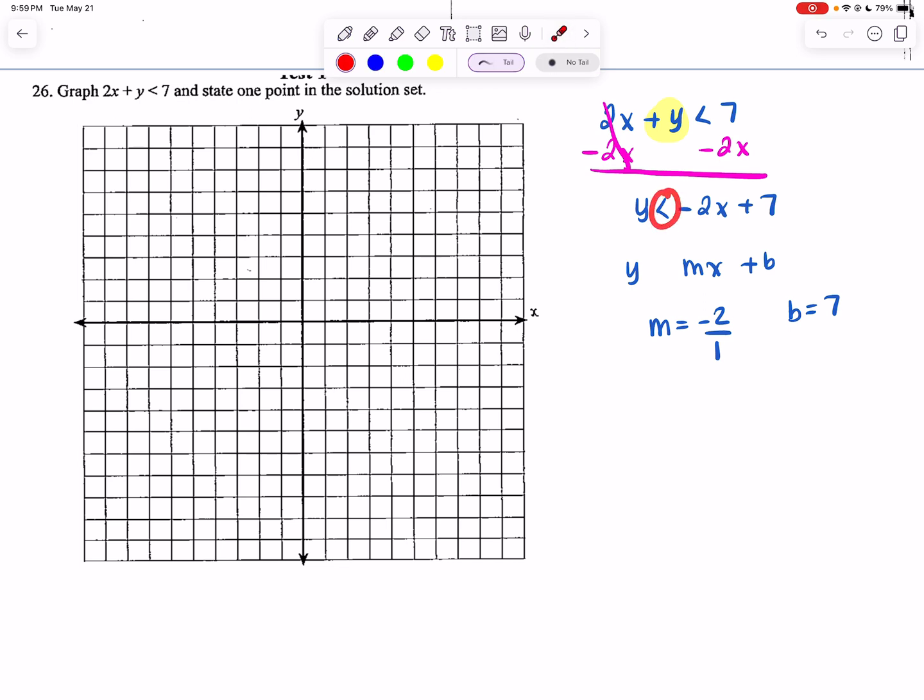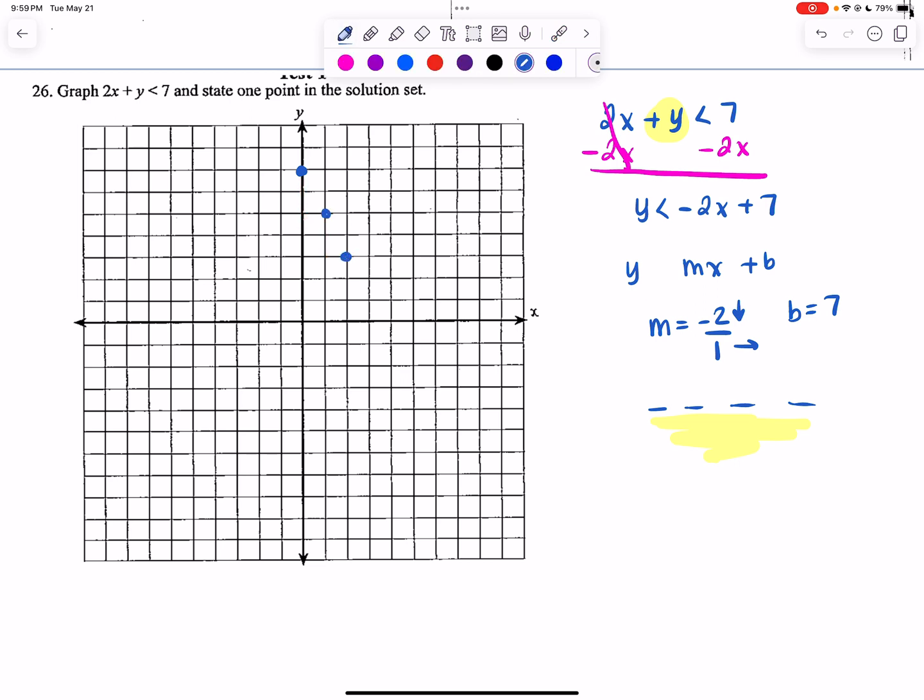Remember, if it's less than or greater than, it's going to be a dashed line. Since it says less than, I'm going to shade lower, so I'm going to shade below my line. I'm going to start at 7, so 1, 2, 3, 4, 5, 6, 7, and I'm going to go down 2, right 1. So down 2, right 1, down 2, right 1, and so forth.